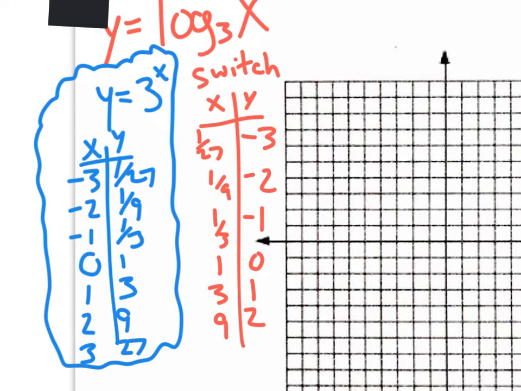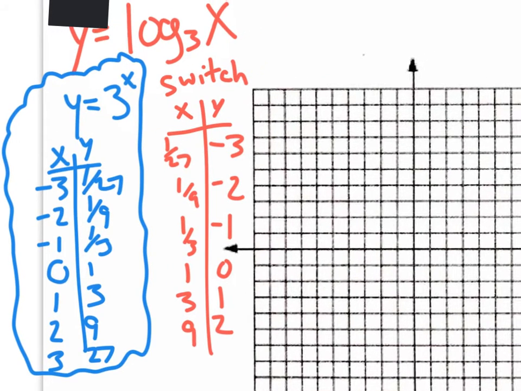But that's already off the graph, so I'm not even going to use it. So because I know that the inverse of log base 3 of x is y equals 3 to the x, I might as well get these simple coordinates, and instead of using them, I'm just going to switch them. And that'll actually give me the real coordinates to this new logarithmic function.